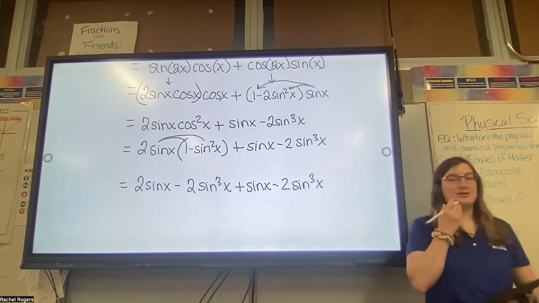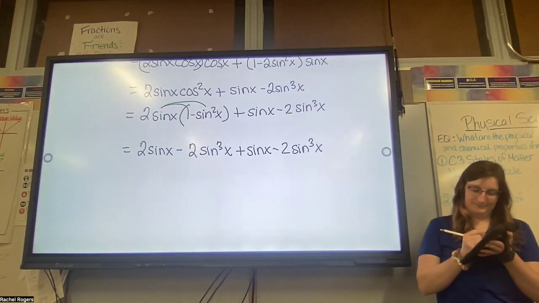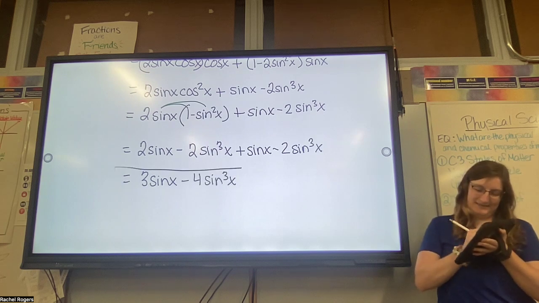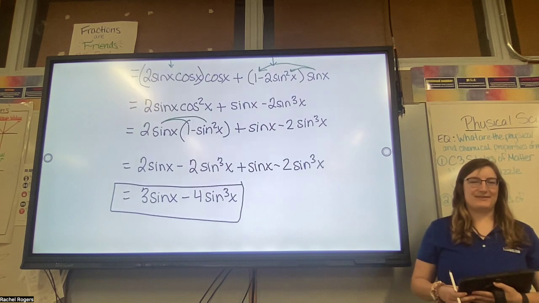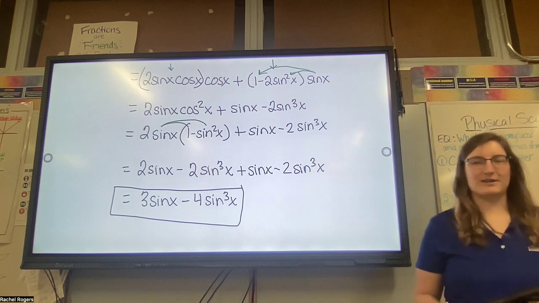And now do we have some like terms that we can combine? 2 sine of x plus sine of x is 3 sine of x, and then minus 4 sine cubed of x. And that is where we're going to stop for today.